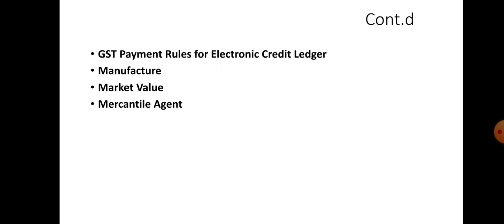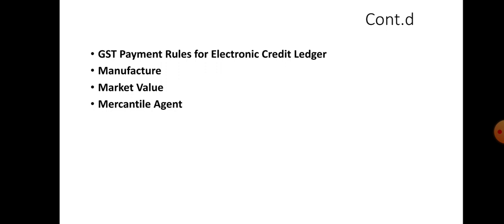But as per Section 2 subsection 72, manufacture means processing of raw material or inputs in any manner that results in the emergence of a new product having a distinct name, characteristics, and use, and the term manufacture shall be construed accordingly.